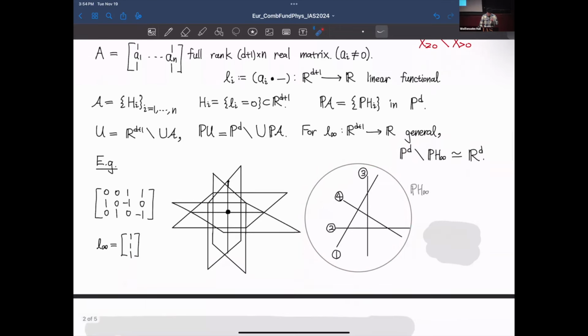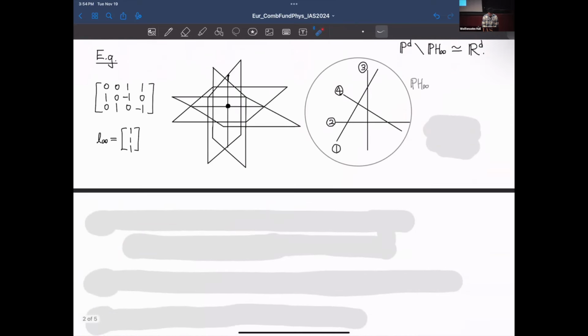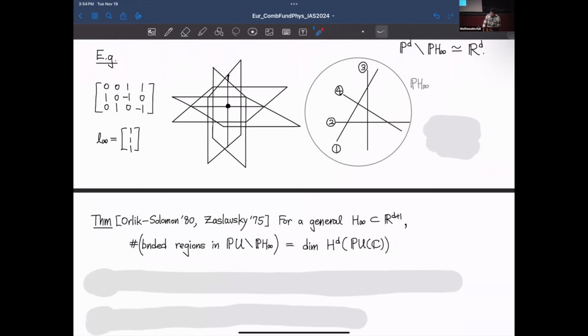Okay, so these are some notations to set up. And one theorem that's quite well known in the theory of hyperplane arrangements is, how can I understand the cohomology of the complexified picture of this hyperplane arrangement? So I look at the projective hyperplane arrangement complement over the complex points.